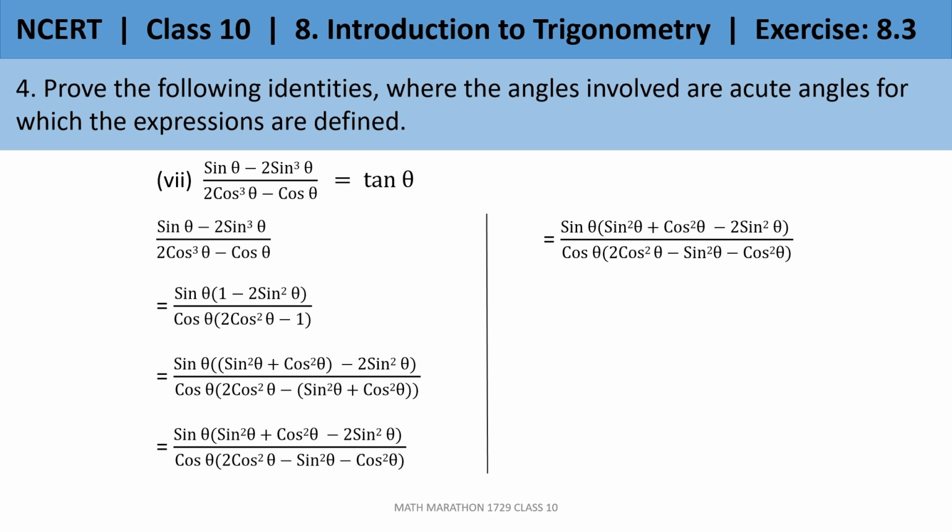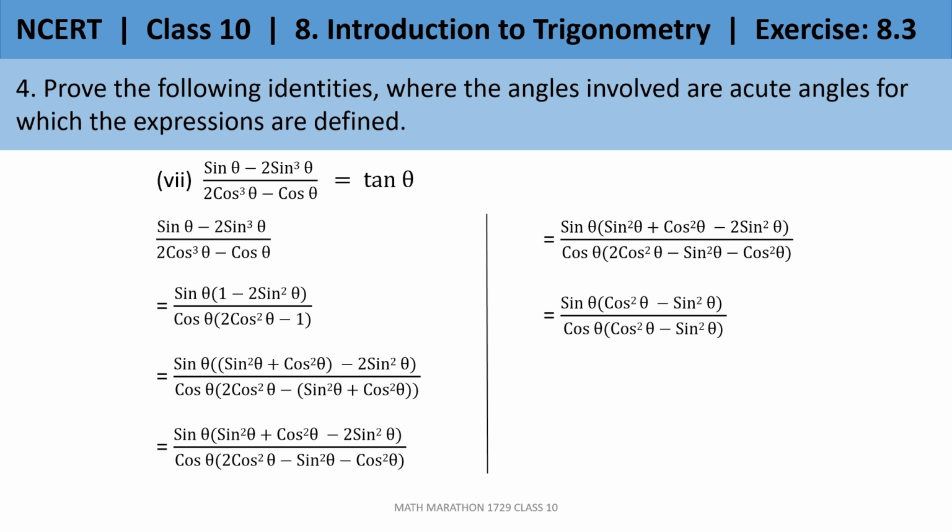In denominator, we have twice of cos square theta and minus cos square theta is equal to sin theta multiplied by cos square theta minus sin square theta by cos theta multiplied by cos square theta minus sin square theta.